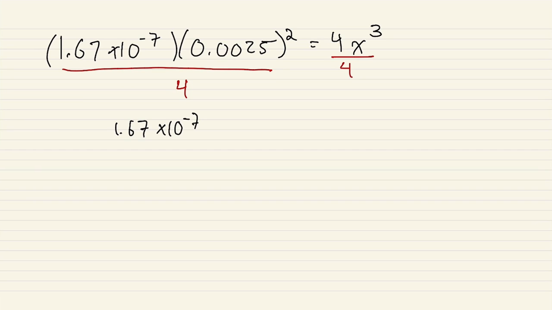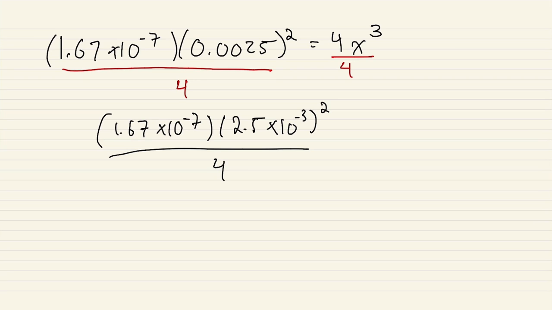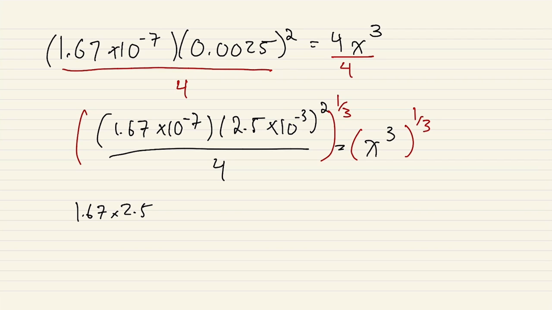1.67 times 10 to the minus 7, 2.5 times 10 to the minus 3 squared. I'm just writing that in scientific notation so it's easier for me to plug it into a calculator. x to the third. I can cube root both sides. And then that'll give me my answer. Which gives me 1.67 times 2.5 times 10 to the minus 10, or 10 to the minus 12, over 4.